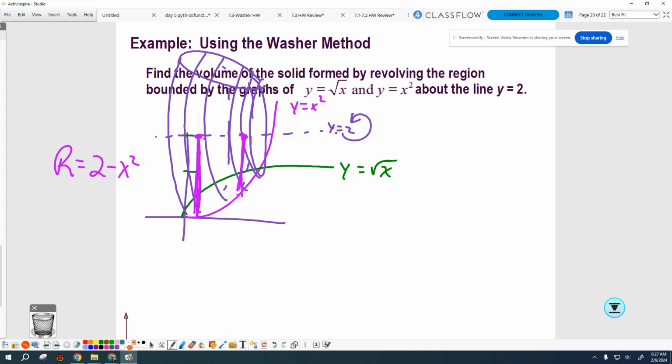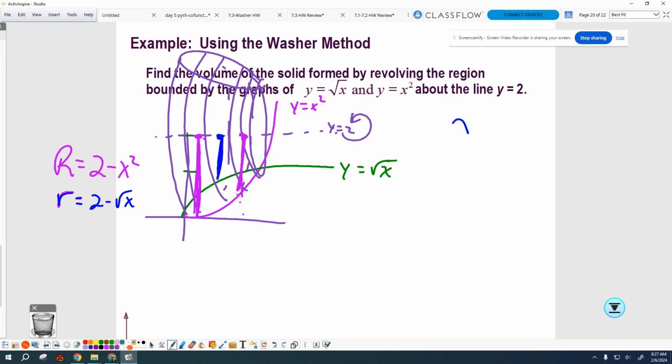The top minus the bottom curve. Preston, how would we find the radius of the hole that we're drilling out? The distance from here to the green guy. 2 minus root x.